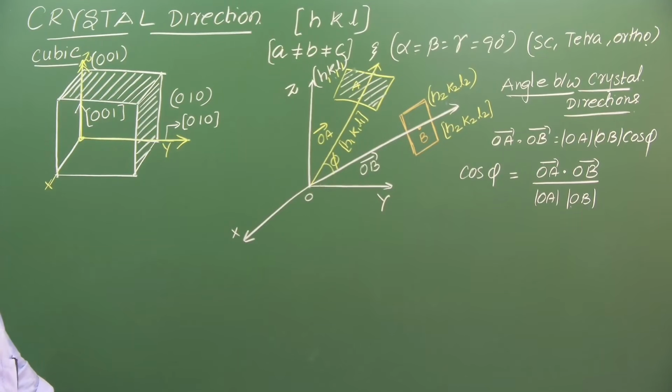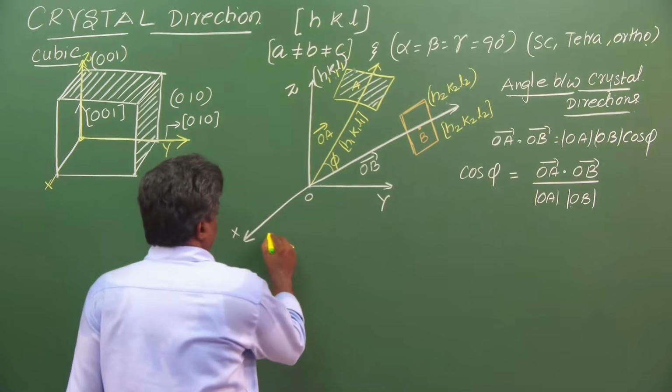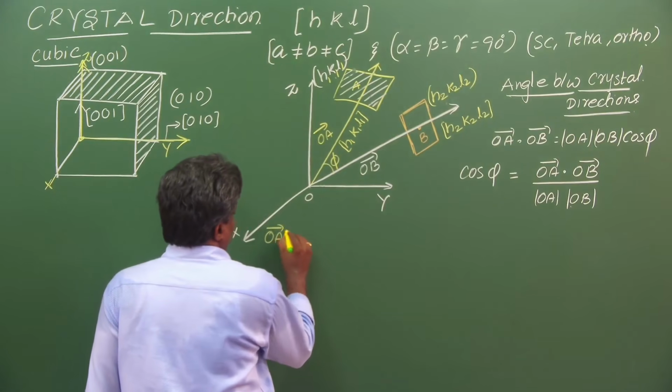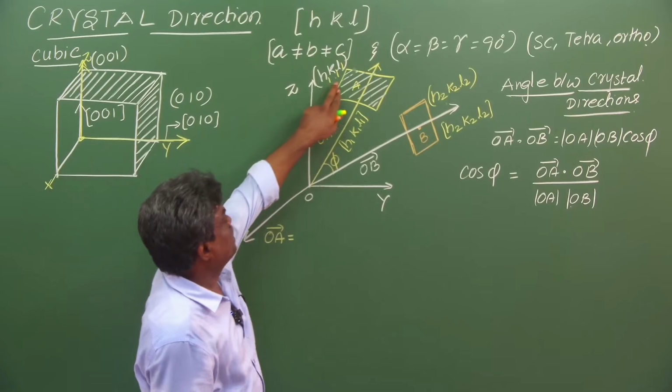I think it is H1 A. So what is OA bar? This is H1 K1 L1.